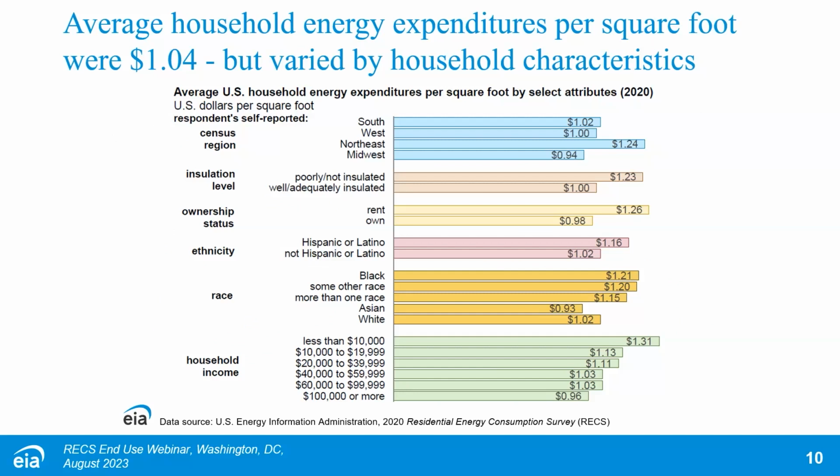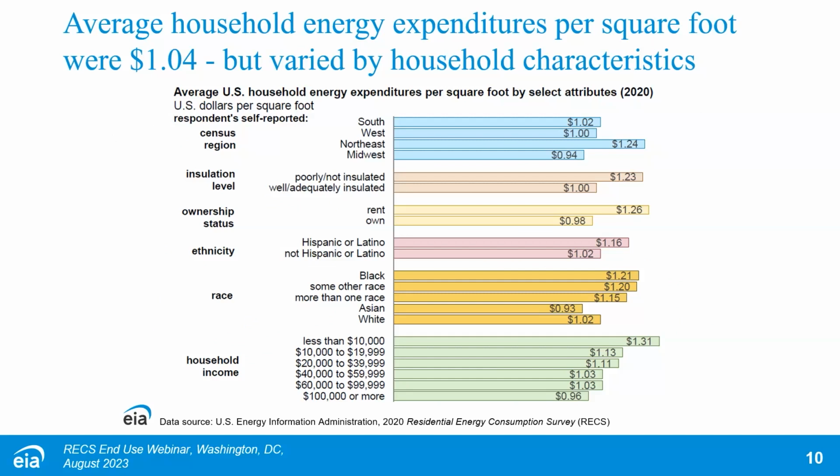So the average energy expenditure per square foot for households in 2020 was $1.04, but there was variation by household characteristics. As you can see from this graphic, there are differences across many household characteristics, but I wanted to point out one difference in particular, and that's between households that own versus rent their homes.